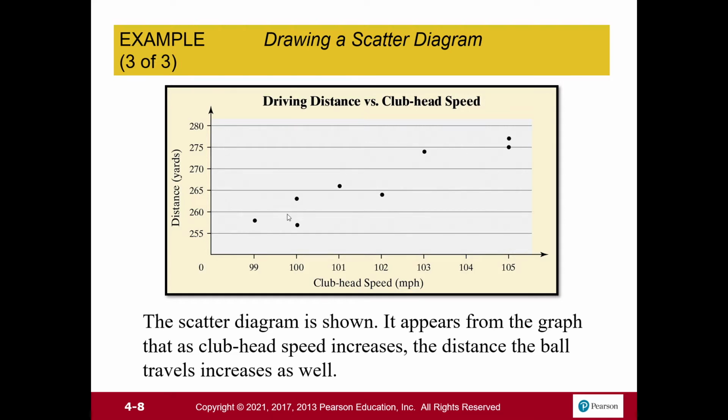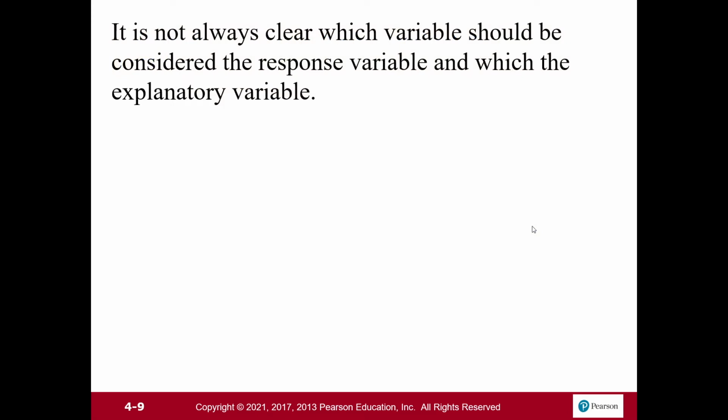Now it's not a perfect increase, but there is some sort of pattern happening. And quite often you can interchange the different variables in a scatter diagram. It's not always clear which variable will be considered the response variable and which one would be the explanatory in certain circumstances.